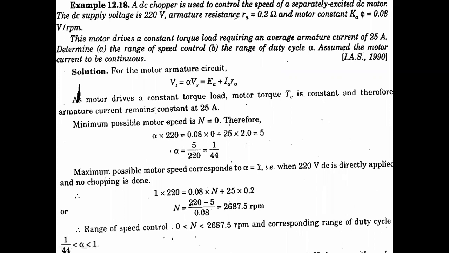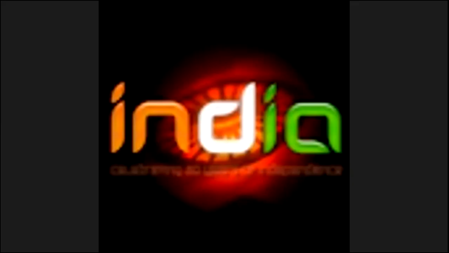In order to calculate the range of speed, we know the motor's minimum speed will always be 0. So the range is from 0 to something, which we need to calculate. So the lowest speed is 0. And similarly, T on must be equal to T. That is the maximum condition of the duty cycle.